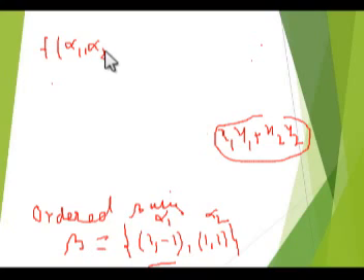First we will take alpha 1, alpha 1. Then we will get the element A11. What will be the value of this? We will get 1 1.